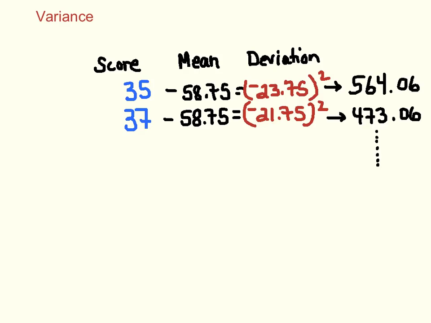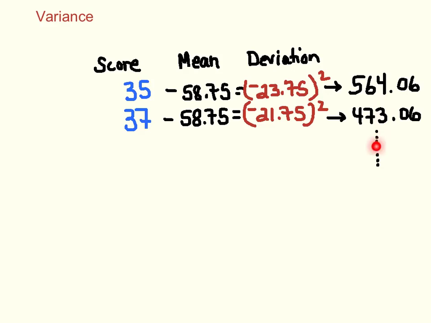So here, illustrated with the two lowest scores, we simply square the deviation from the mean, which is 564.06, and again square the next deviation from the mean, which is 473.06, and then we do that for all 100 scores, so we get 100 squared deviations from the mean, one squared deviation for each score in the data set.